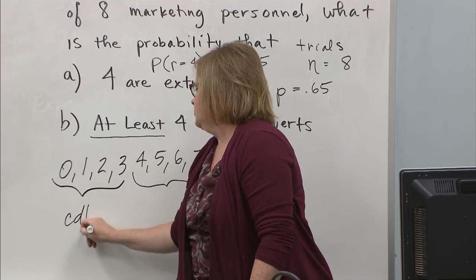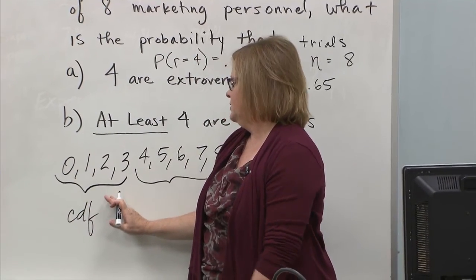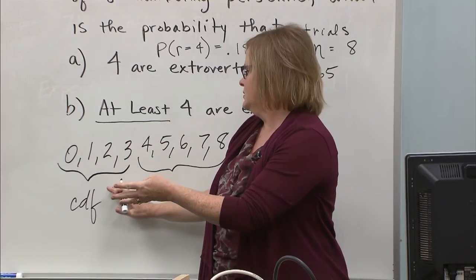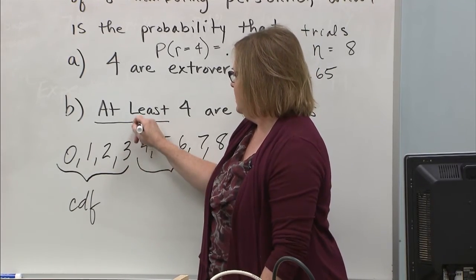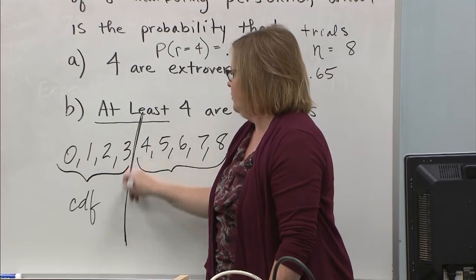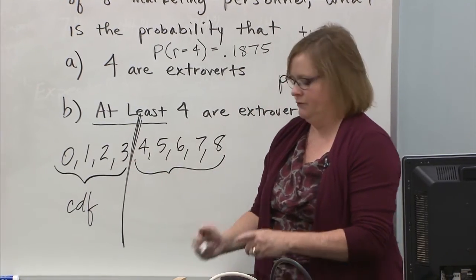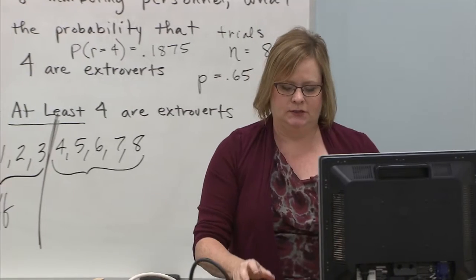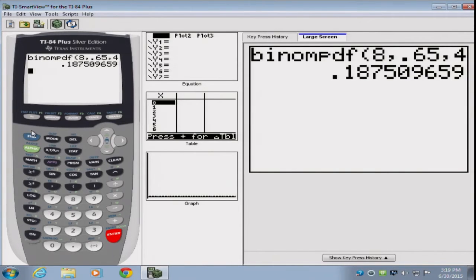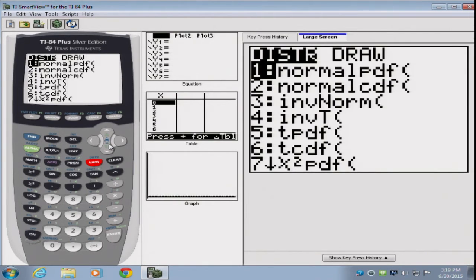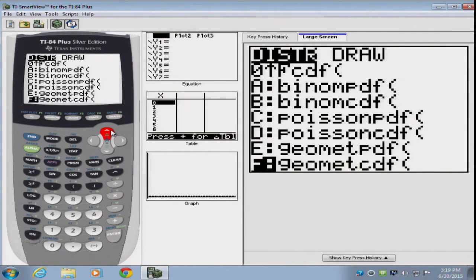So here's what we're going to do. CDF, still 8 trials, right? Probability of success is still the same. We're going to tell it to stop adding at 3. Let's get that part first. So it's in that same menu under second, distribution. Okay, but find the CDF because we want it to accumulate the probabilities, or add them up.